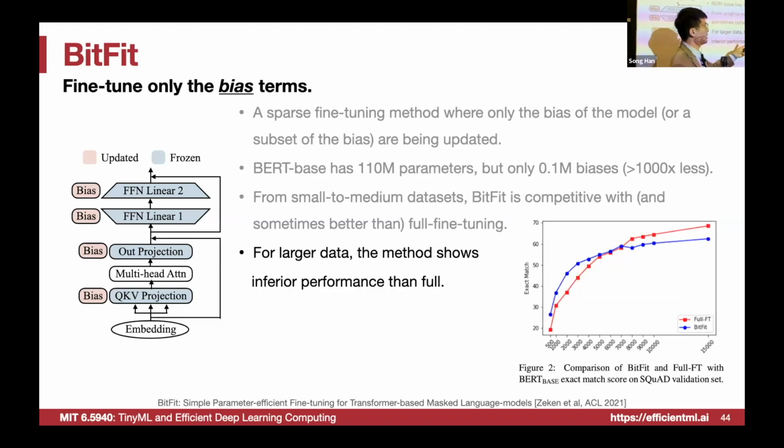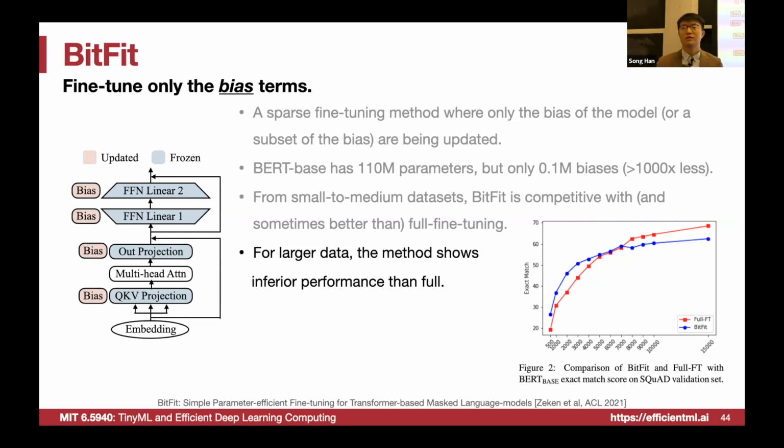For larger data, comparing a method like BitFit with the red one, which is full fine-tuning, this is the amount of the data, and this is the accuracy. When the amount of data is small, the performance of BitFit is pretty good. But as the data gets larger, BitFit gets worse compared with full fine-tuning.